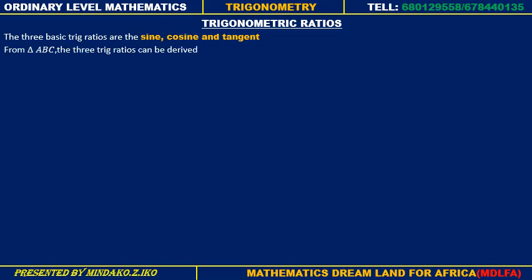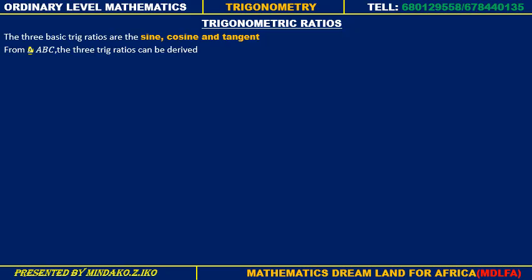Now we are going to consider this sign here, it actually means triangle. You can spell out the word triangle if you want to, but in mathematics that's how they abbreviate it.